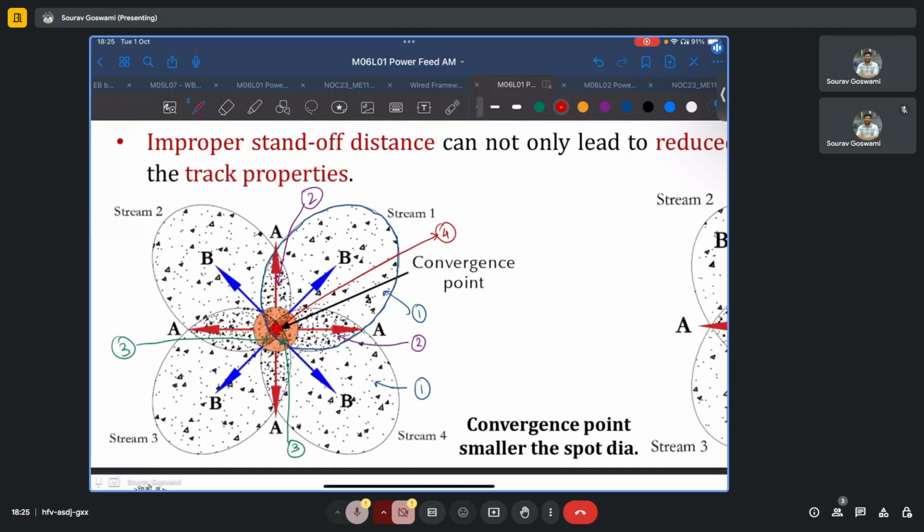Again, the diameter of our laser is highlighted in orange, and we see that the concentration of powder is changing within the laser spot. Also, if we were to move along any of these directions, say along direction A or along direction B, then we see that the type of feeding is changing because we do not have equal feeding or equal concentration of powder in all directions. This may lead to the problem of a lack of omnidirectionality and isotropic properties.